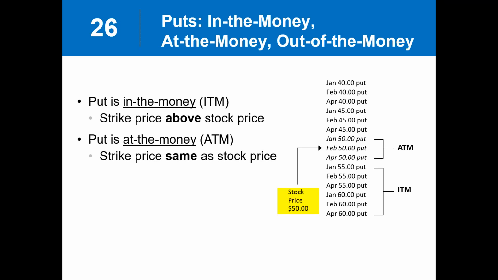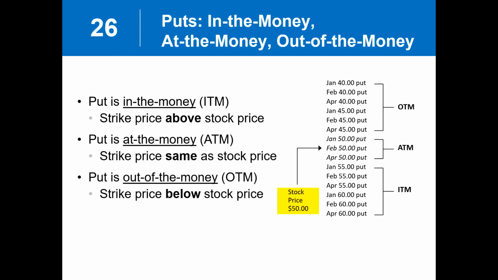Just like on the call side, the at-the-money put option is going to be the strike that's right about the same price as the stock. So those 50 puts represent the right to sell stock at $50. And then, opposite of the calls, the out-of-the-money puts are going to be the lower-priced strikes.